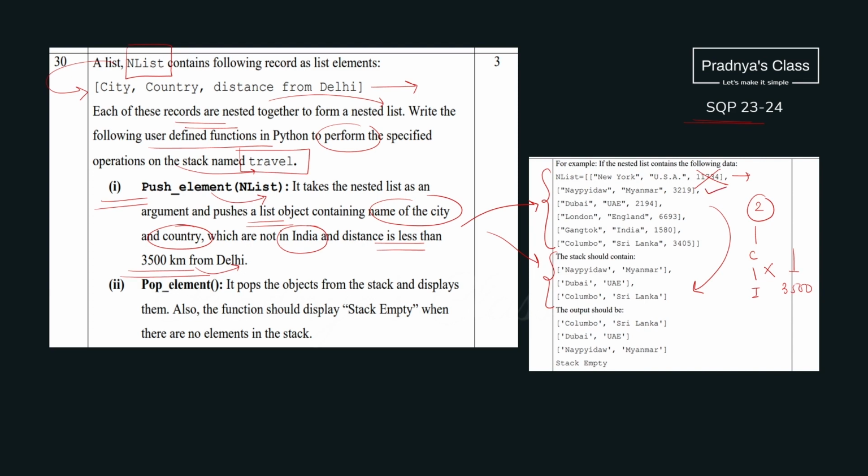Moving ahead to the second record, it satisfies the criteria. That's why it is going to be written to travel. The third record satisfies the criteria, so it is in the travel stack. Here the distance is more than 3500. Gangtok is in India, so it doesn't satisfy the first condition. Look at the last record. Colombo satisfies both conditions. That's why it is written to the stack.